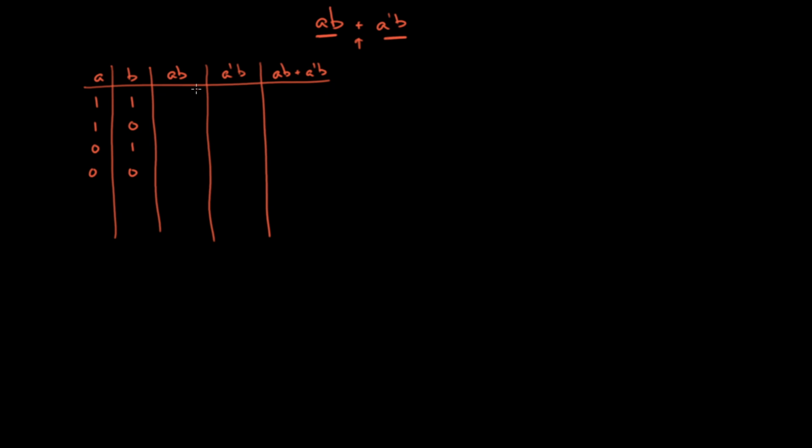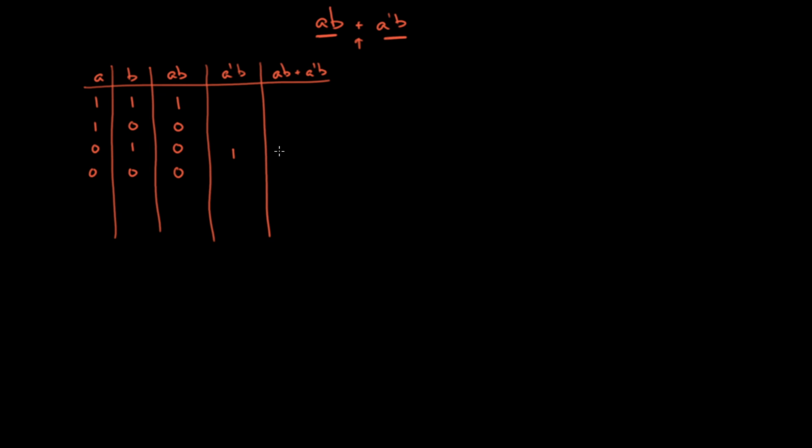So whenever I have A and B, when they're both true, then A and B will be true as well. When either one of them is false, then this will be false, and this will be false, and this will be false. Now, a little bit trickier is not A and B. This is only true, and it's easiest to find the one situation where it is true, which is whenever A is false and B is true, which is right here. So this is a 1.